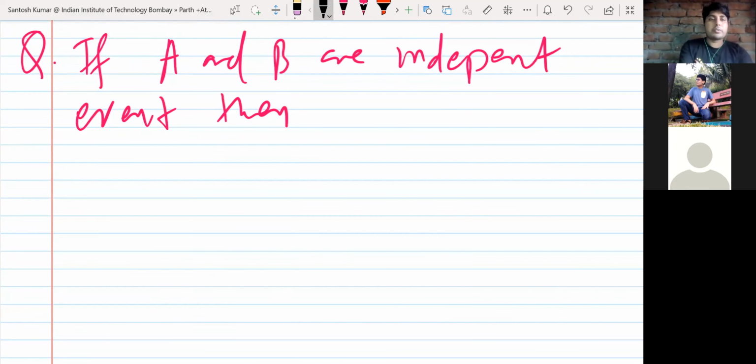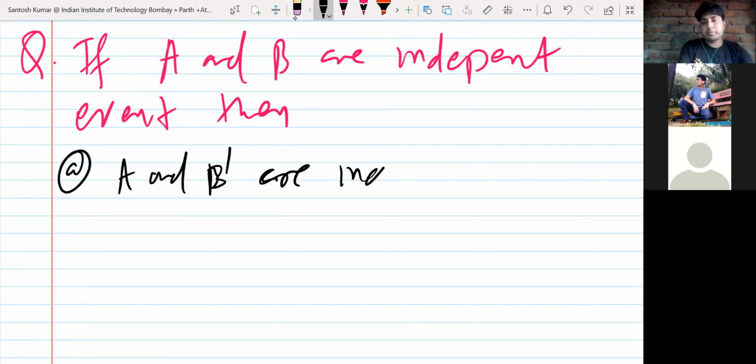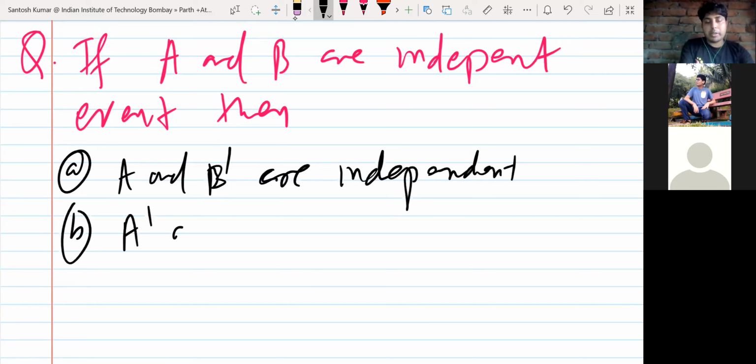Okay, let me write the question first. If A and B are independent events, then which of the following are true? I'm writing four options. Option A: A and B complement, B dash meaning B complement, are independent.